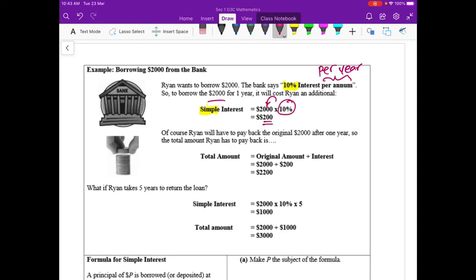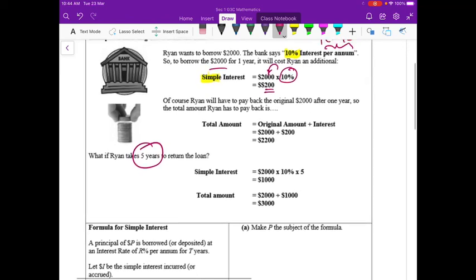Now if he doesn't pay back the original $2,000 after 1 year, then he needs to pay another 10% in the second year. 10% of what? 10% of the amount that he borrowed. So in the second year, he needs to pay another $200 extra.